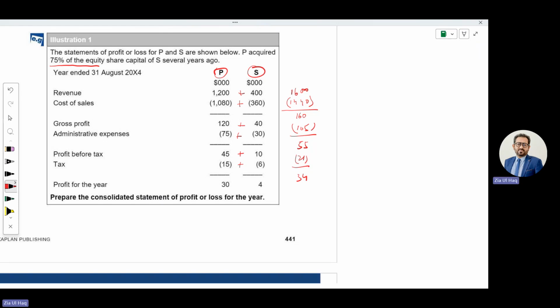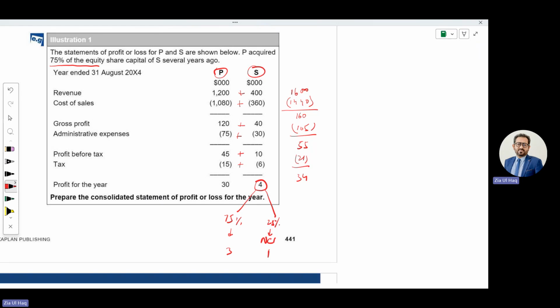After calculating this profit, this is the subsidiary profit of 4. Out of this 4, 75% is of the parent company, while 25% is of NCI. So what is the NCI profit out of these 4? It is 1. What is the parent company profit? It is 3.